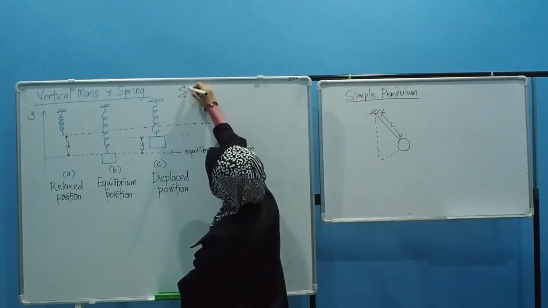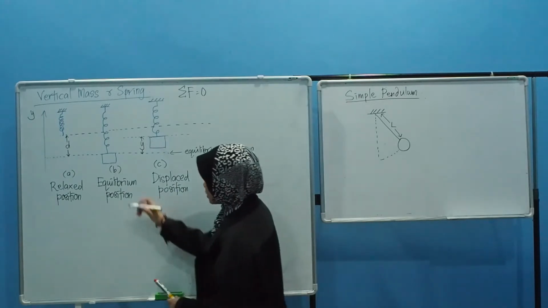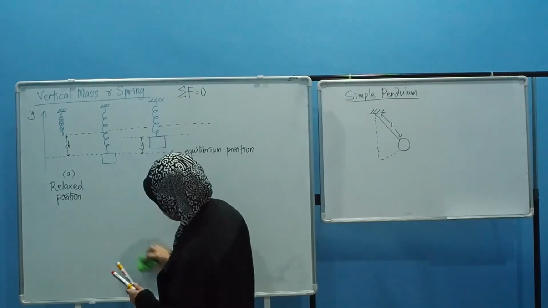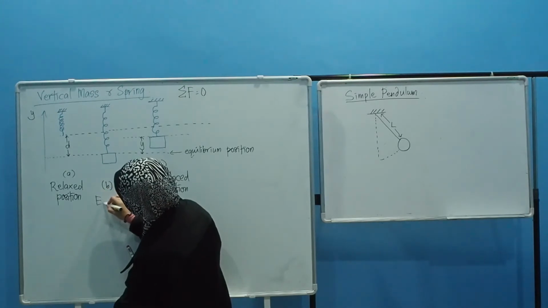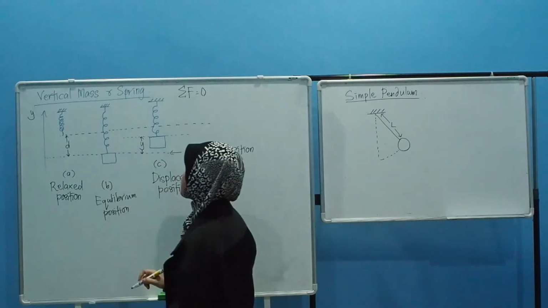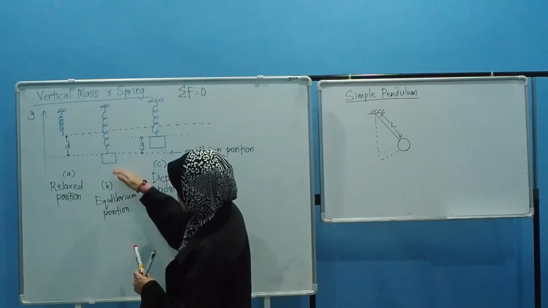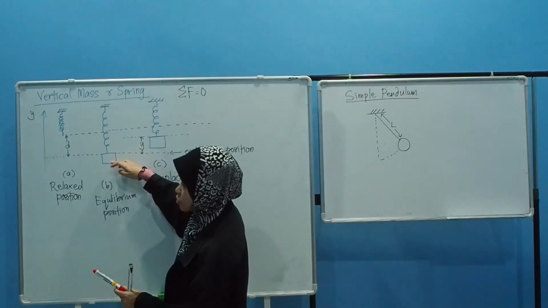Net force is equal to 0. So when I label this one, this is B, at equilibrium position, the net force is equal to 0.